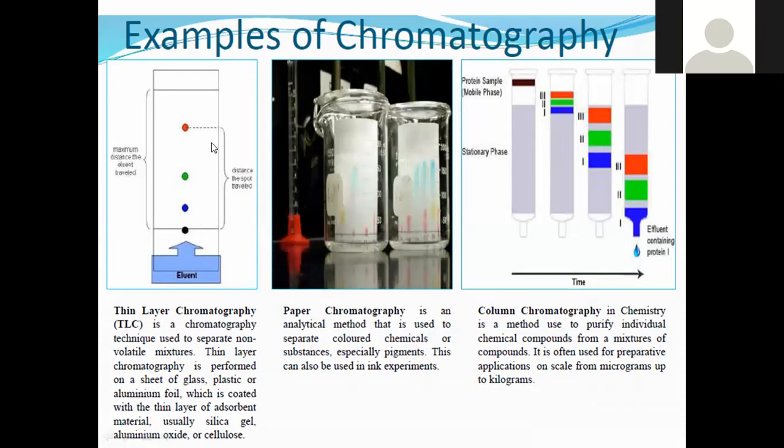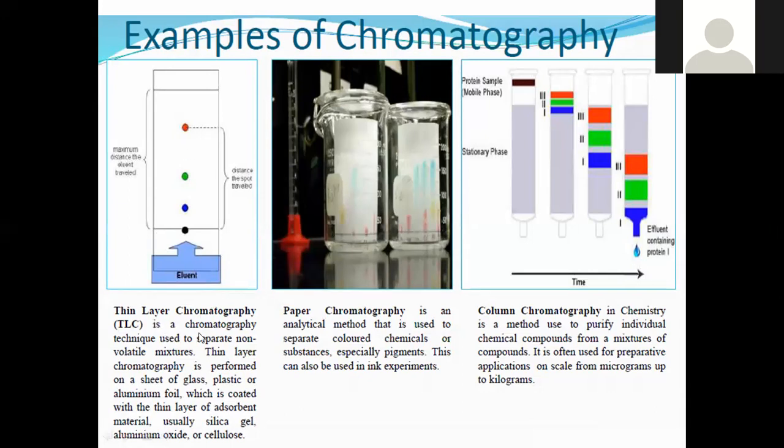The thin layer is applied on a glass plate or metal plate or any polymer material, and the sample is loaded at the bottom, and this slide is dipped into the eluent or the solvent. So the solvent carries the different compounds. Depending upon their speed or mobility or partition coefficient, they are separated from one another.